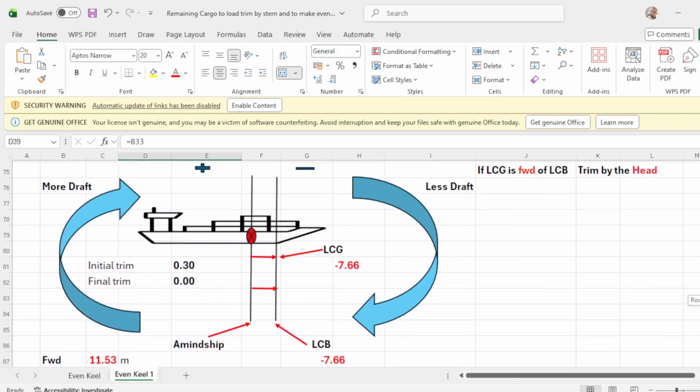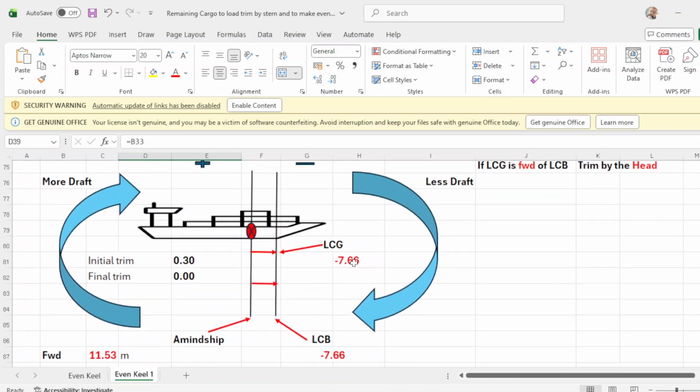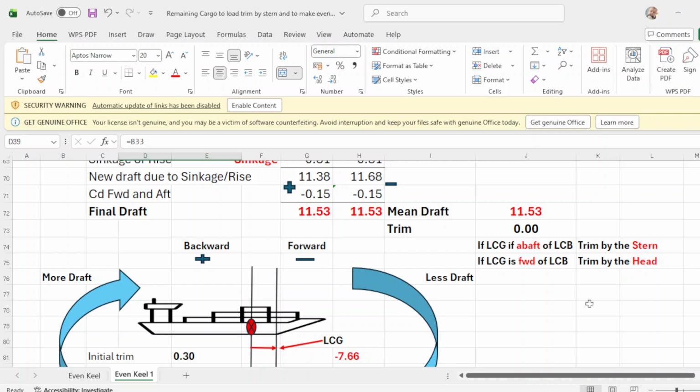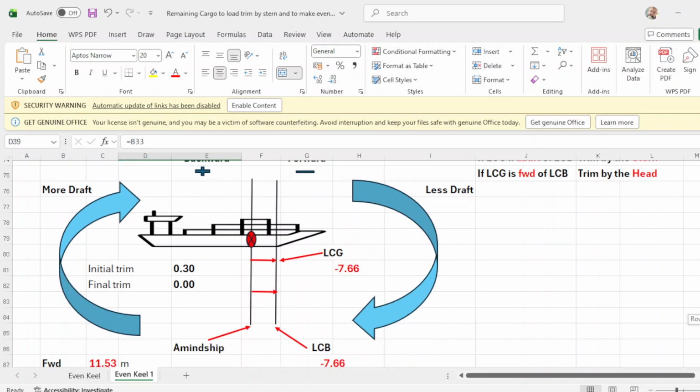That is why I have this diagram. Now, this rule: if LCG is behind LCB, then the trim should be by the stern. If this LCG is behind the LCB, it should be trimmed by the stern. But if the LCG is forward of LCB, it will be trimmed by the head.